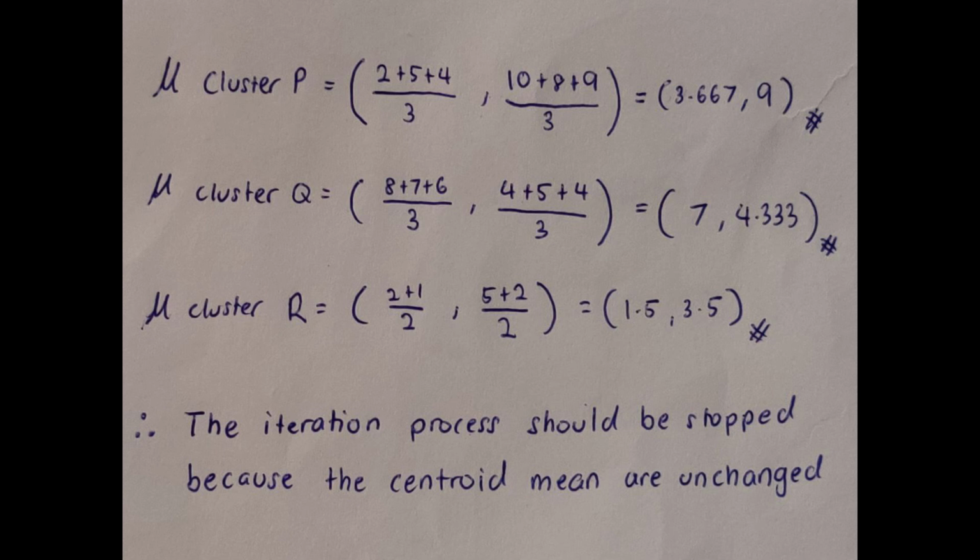And if the centroid means are changed, the process should be proceeded. As we can see, the calculation for the centroid mean after the second iteration remains unchanged. So the answer for question D is the iteration process should be stopped because the centroid means are unchanged.